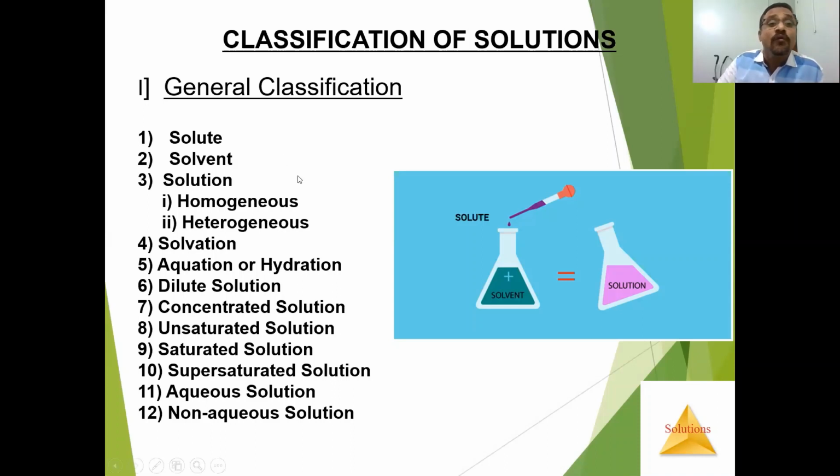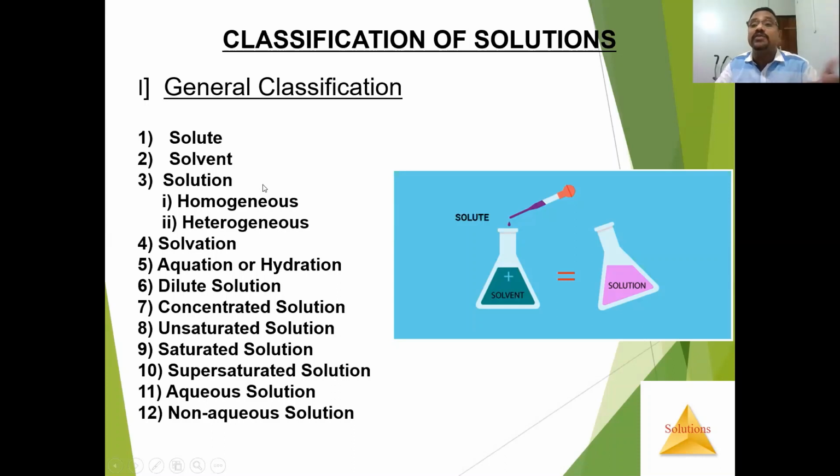So, for the formation of a true solution, two or more non-reacting substances are needed; minimum two substances. The substance present in the small amount is called the solute. The substance present in the large quantity is called the solvent. Combination of both will form the solution.